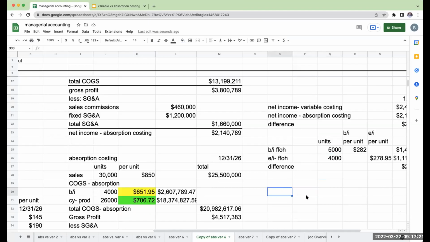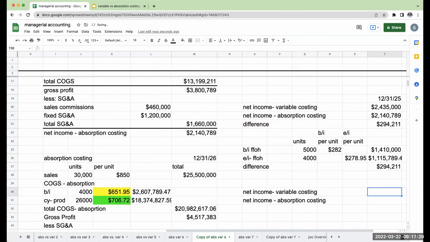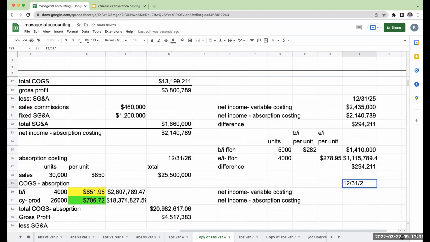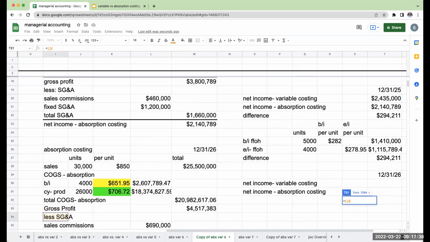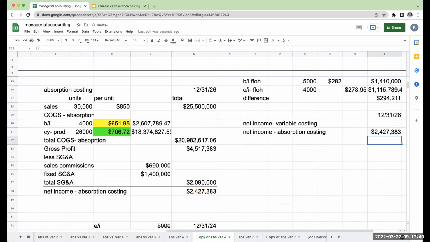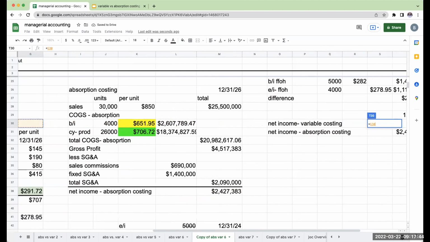Okay, let's do the same thing for the next year. I have net income under variable costing and net income under absorption costing as of 12/31/26. My net income under absorption costing as of 12/31/26 was 2,427,383.